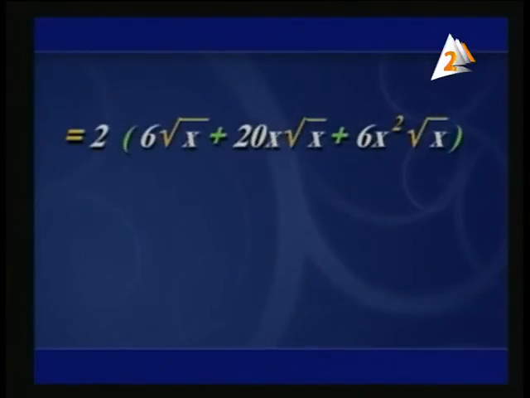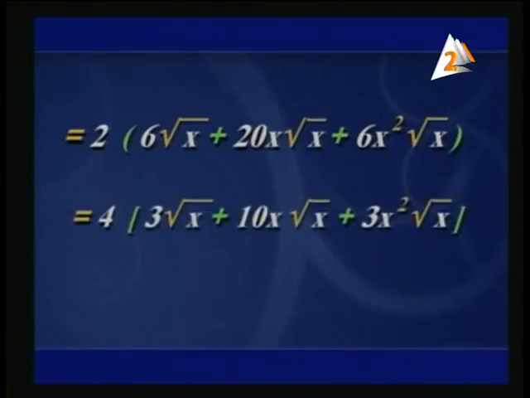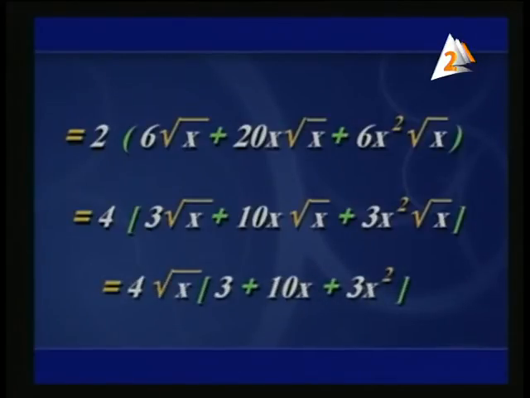Equals 2[6√x + 20x√x + 6x²√x], equals 4 times [3√x + 10√x·√x... i.e. 10x√x + 3x²√x], equals 4√x times (3 + 10x + 3x²).